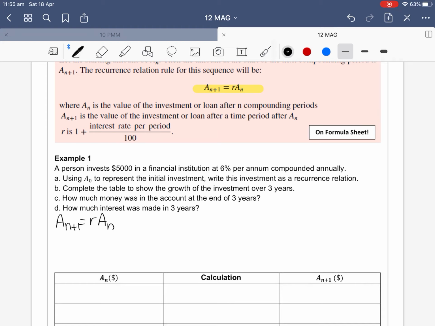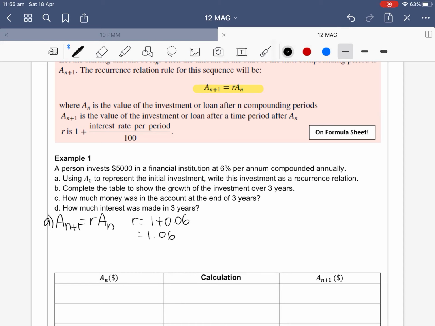So let's just go to the side here. This is question A. R is equal to 1 plus 0.06, okay? So I've just immediately done the interest rate per period divided by 100 in my head there. In other words, R is 1.06.